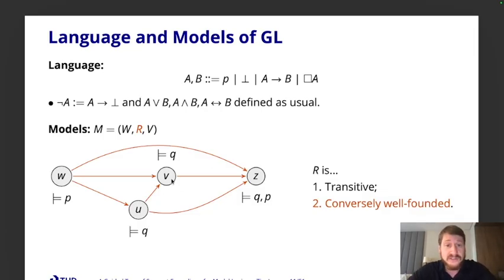We can see that R satisfies this property in this example model, because if we look at any sequence of edges, they all eventually terminate. So it's encoding that converse well-founded property. V is the valuation function, which, as usual, maps propositional atoms to worlds, meaning that proposition is true there. One way to characterize GL semantically is to think of it as the set of all validities over these models.